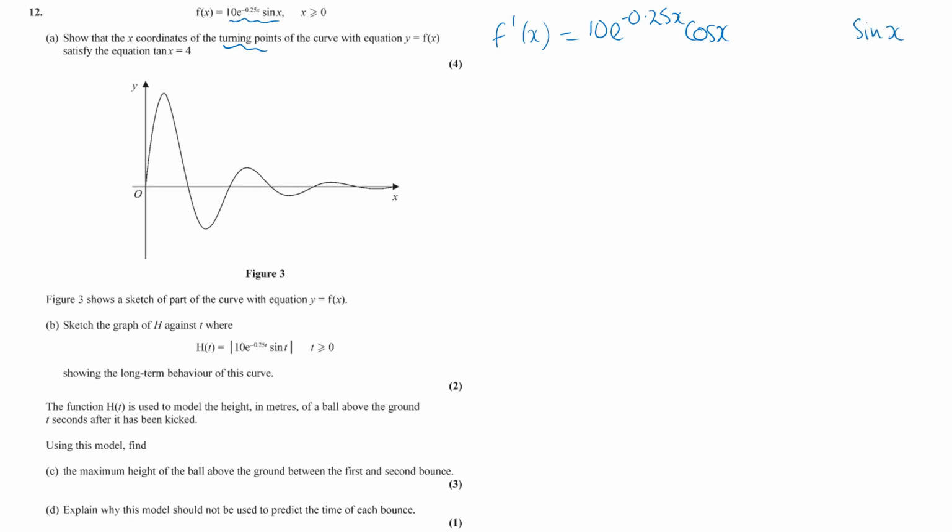Now when you're differentiating e, it will stay the same, but this minus a quarter will come down and times by the 10, so it'll be minus 10 over 4 e to the minus 0.25x, and then we've got the sine x. So at turning points it's equal to 0. And so what we can do is take the 10 e to the minus 0.25x out as a common factor.